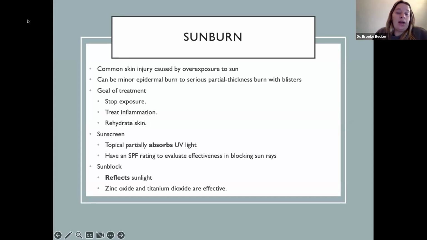Zinc oxide and titanium dioxide are the most effective types of sunscreen or sunblock, okay? So those are those thicker, really harder to rub in kinds of sunblocks, okay? So sunscreen allows for some UV light to be absorbed. Sunblock blocks it totally.